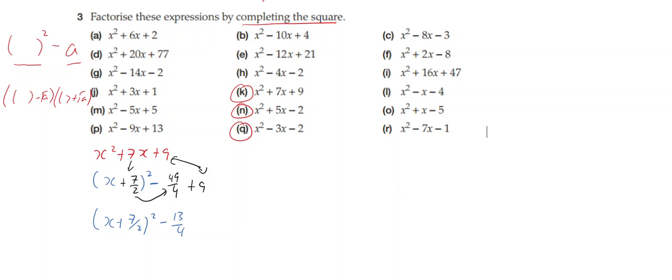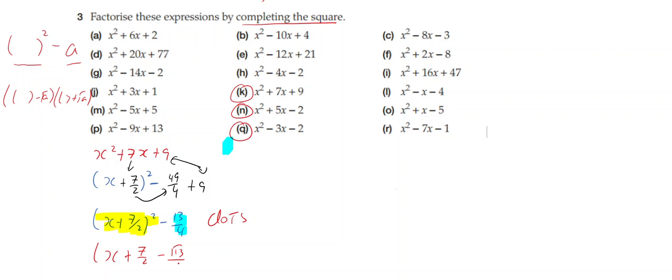And now we've got a dots pattern. We've got something squared minus, okay, this isn't something squared, but we can make it something squared by applying a square root to it. So we use dots now. We've got x plus 7 over 2 minus the square root of that, so it's root 13. The square root of 13 is root 13.